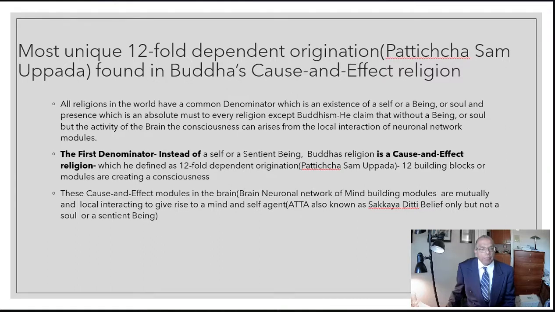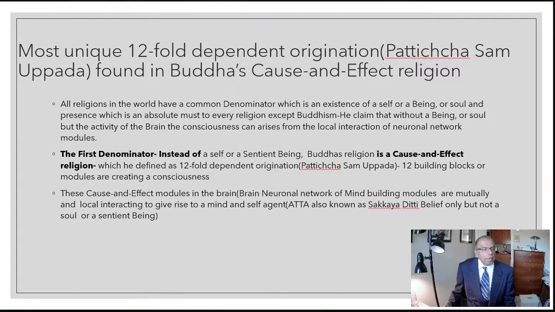But Buddha claimed that without a being or a soul, the activity of the brain can create consciousness from local interaction of brain modules, which I am going to explain further. So there are 12-fold dependent core modules that Buddha discussed, which is how we become conscious.